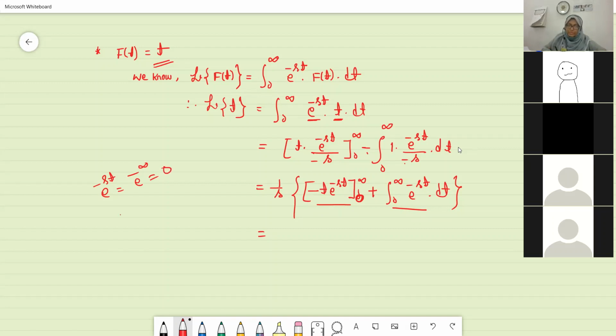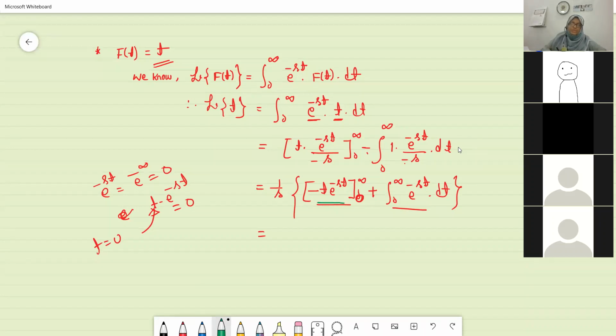And when t is equal to 0, then this term t into e to the power minus st will produce 0. So if you use the upper and lower limit, in both cases your result will be 0.